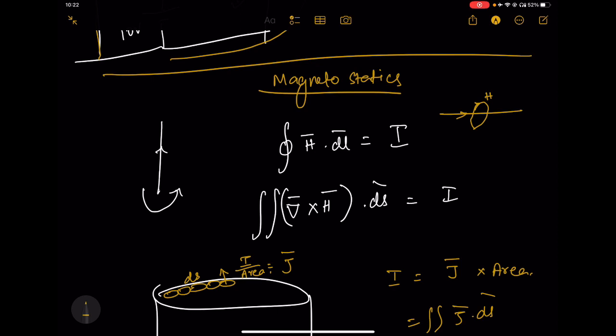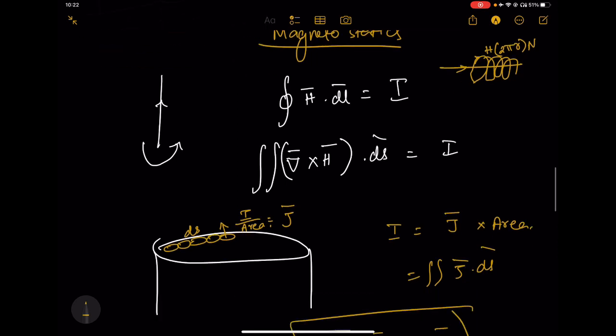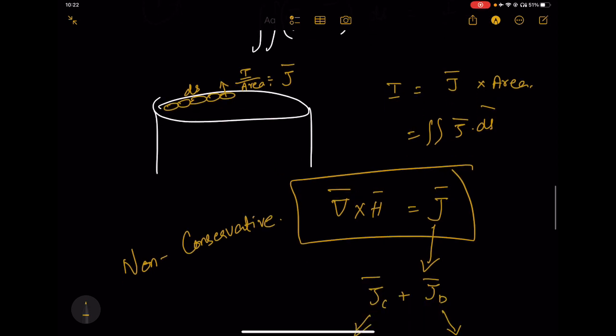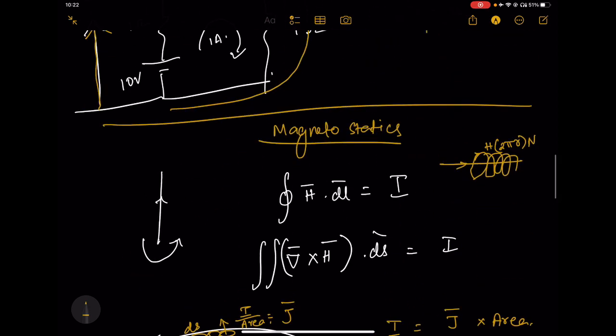You are getting some magnetic field into 2 pi r in the path. If you walk n times in a loop, then you will get not 0 but n times of that value. So depending on the path of integration, you will get different values. That is, if the radius of this path is more, then you are going to get a bigger value.